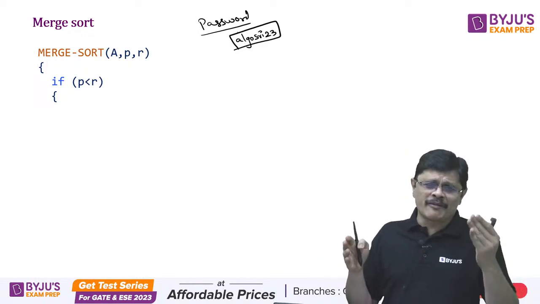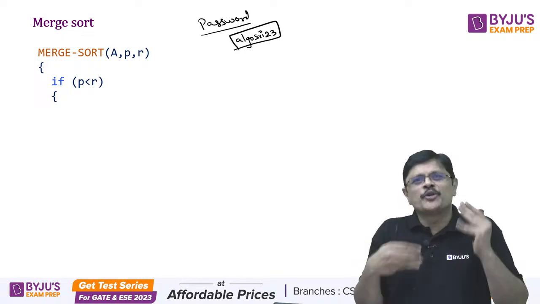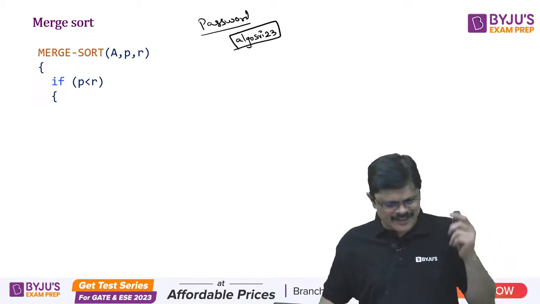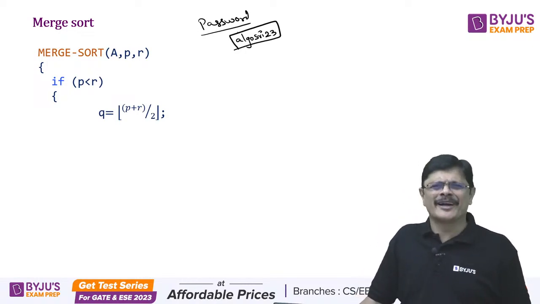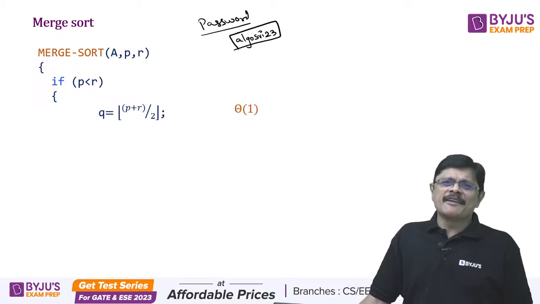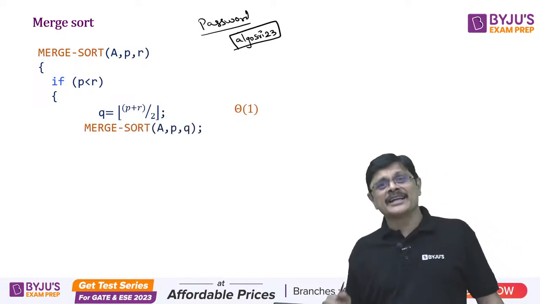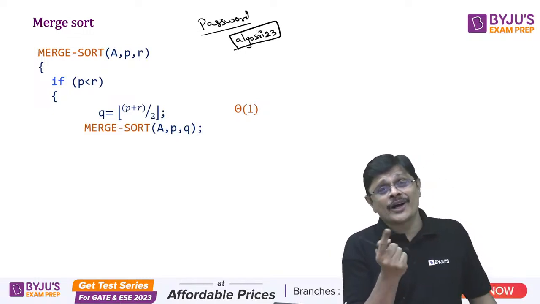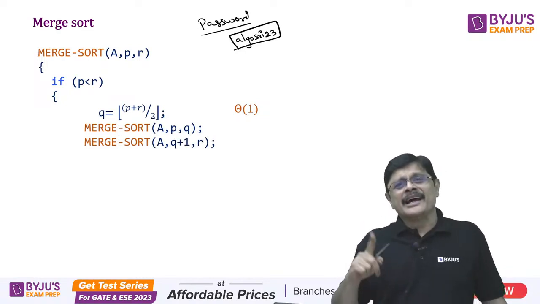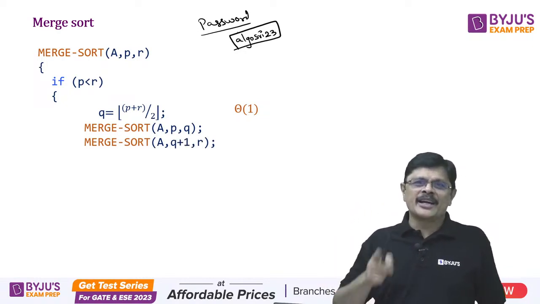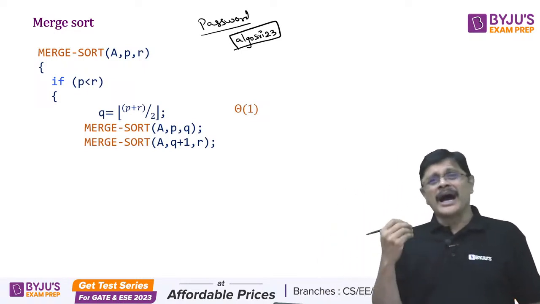If the leftmost index is smaller than the rightmost index, then you continue the process. Here we find the mid element, which is floor of (P plus R) by 2. Finding this will take theta 1 time. Then you call merge sort for the left subarray, recursively solving it, then recursively solve the right subarray using merge sort. That is, P to Q, and Q plus 1 to R.